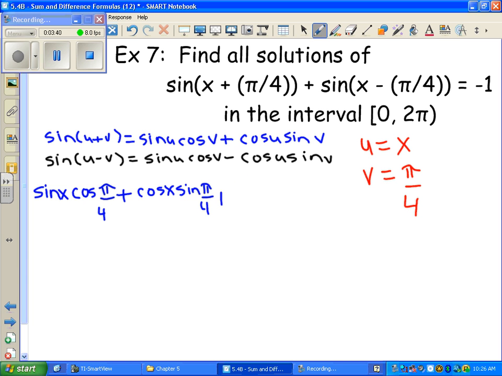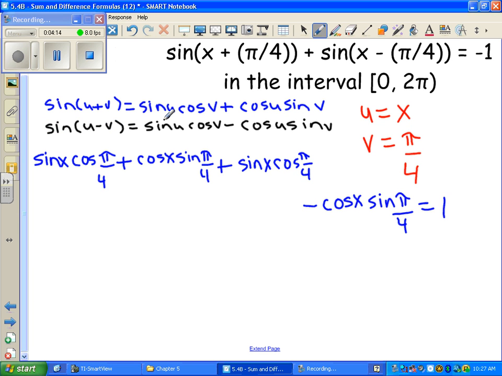So I have a plus sign here, and I'm going to just substitute into this equation, and that's going to give me sine of x cosine of pi over 4, and then I have minus the cosine of x sine of pi over 4. And this whole thing is equal to -1.